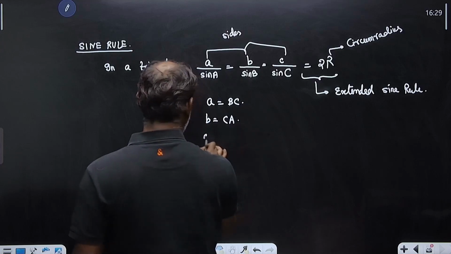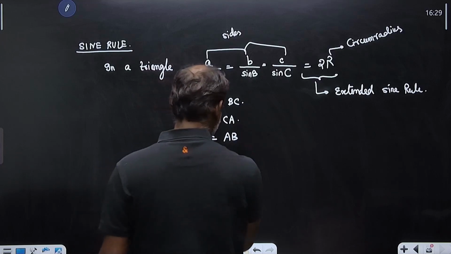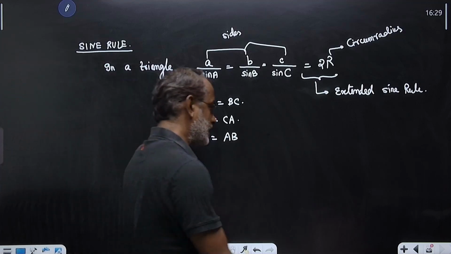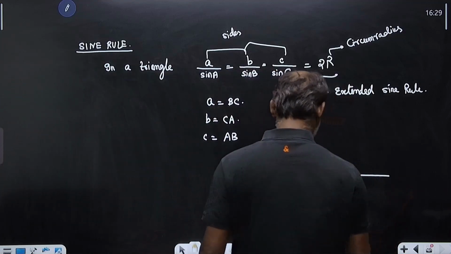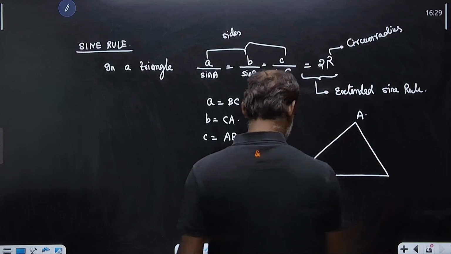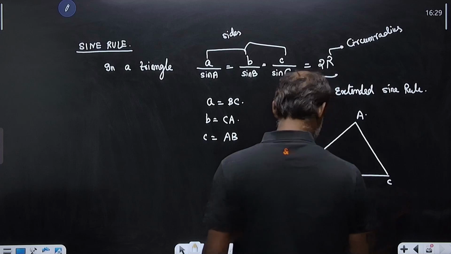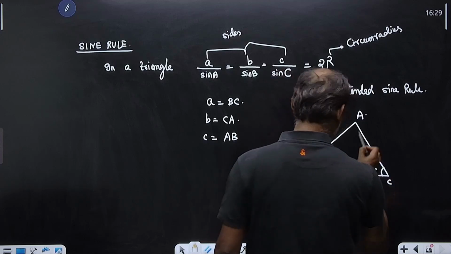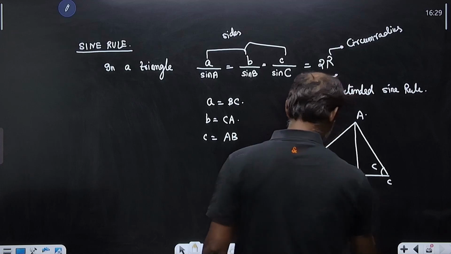We went through all this when we were dealing with trigonometry. Okay. So, it is very easy to prove if you look at it properly. You draw this altitude.